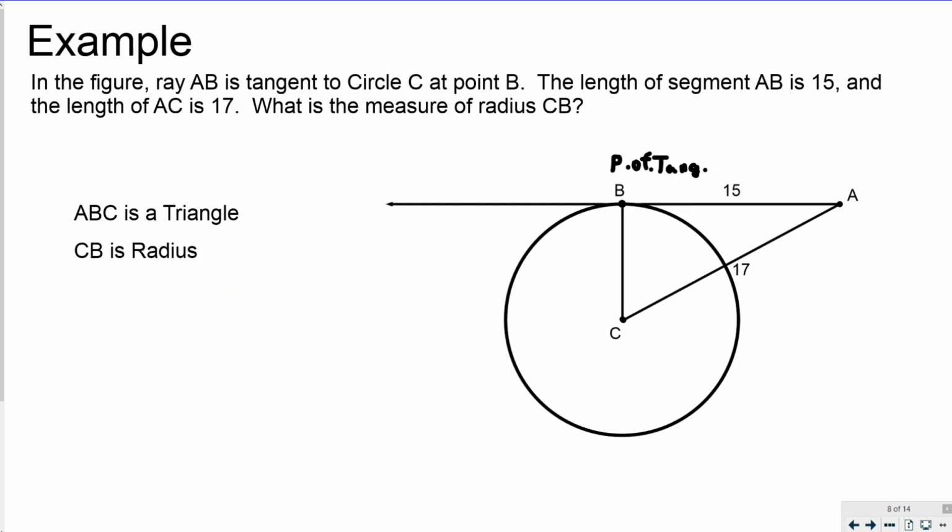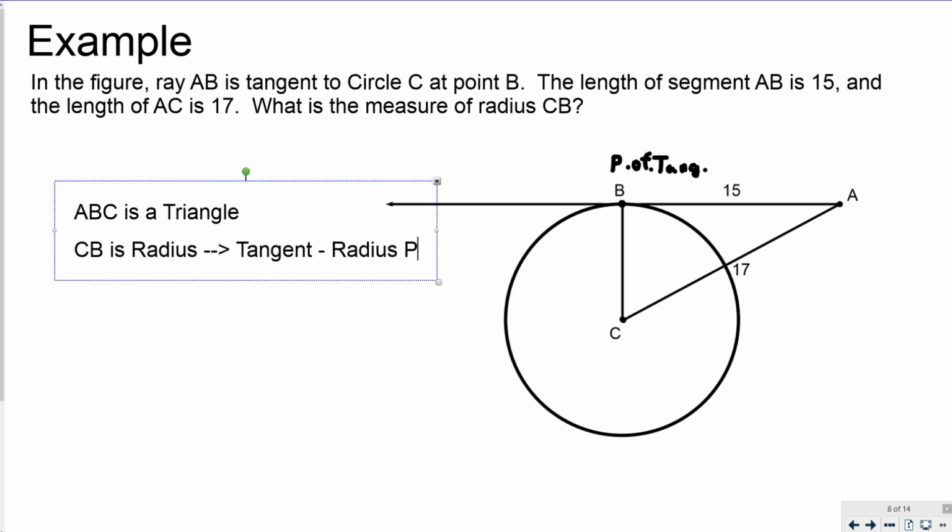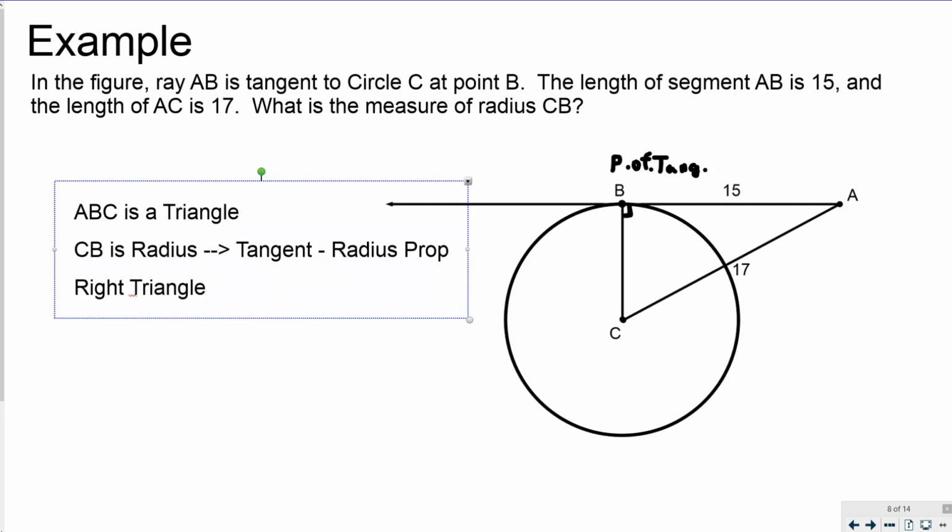And so that means I'm going to use the tangent radius property. The tangent radius property tells me that segment BC and segment AB intersect at a 90-degree angle. Well, if I have a 90-degree angle, then that tells me we have a right triangle, which means I'm going to use the Pythagorean theorem.